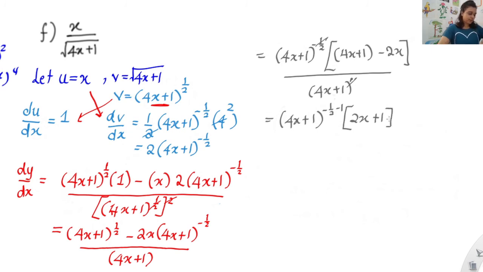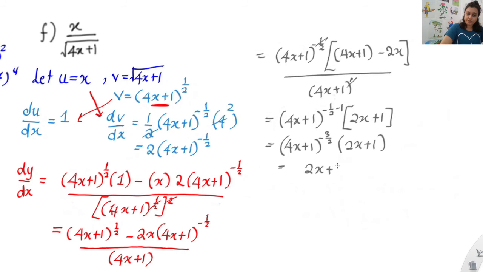Now the final part. Here, if you realize for 4x plus 1, what is the power? Negative 1 over 2 minus 1, you get negative 3 over 2. So I'm going to write negative 3 over 2. But don't leave it as negative, bring it down.